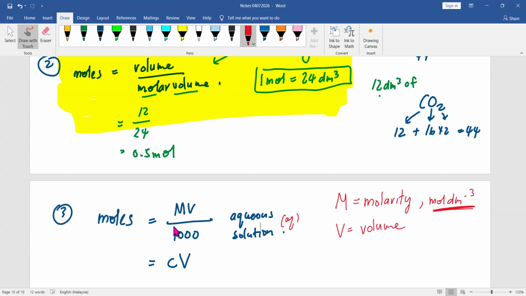Because we are dividing by 1,000, we are actually using it in the unit of centimeter cube. CV is basically when they give you in decimeter cube, concentration times volume. It's the same thing. Some of your books might show it as CV, but I prefer using this because 99% of the time they give you in centimeter cube.